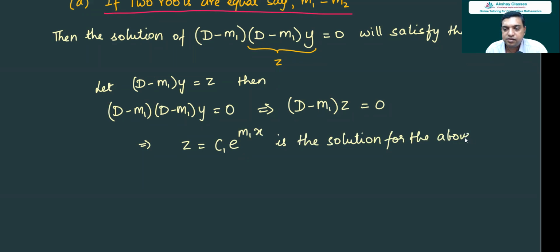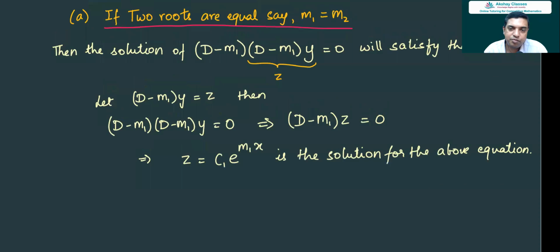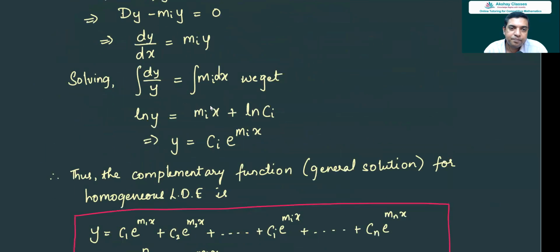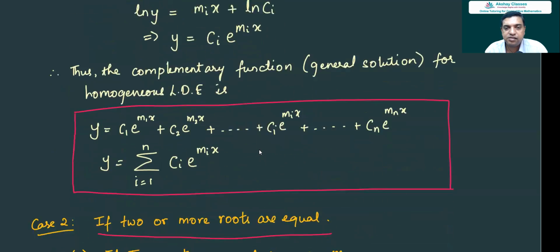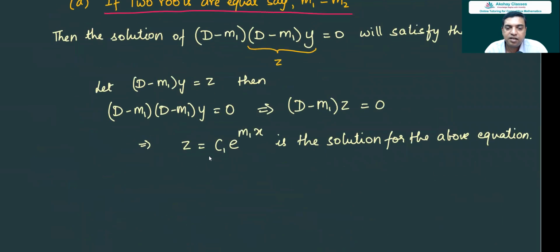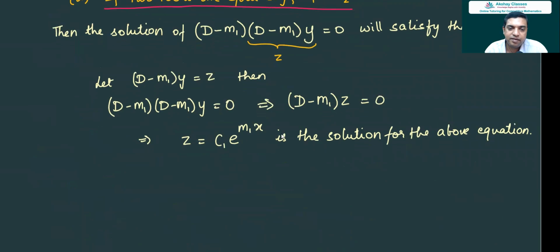How did we get this? Because from the previous case, when (D minus m1) times y equal to 0, the solution for this is y equal to c1 e power m1 times x. So c1 e power m1 times x will be this z.